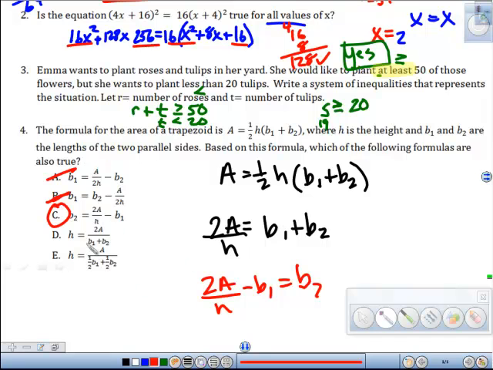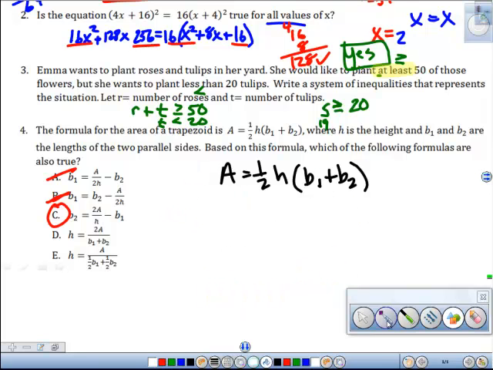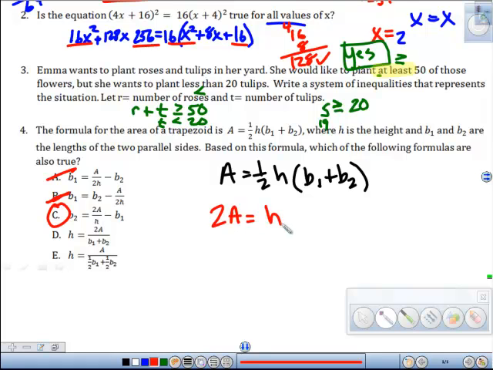And we can't stop there because this one has h isolated, so we have to consider that. So let me get this back to the original formula. And now we want to get h by itself. So to get rid of the 1/2, we're going to multiply by 2. So I have 2 times a equals h times b sub 1 plus b sub 2.